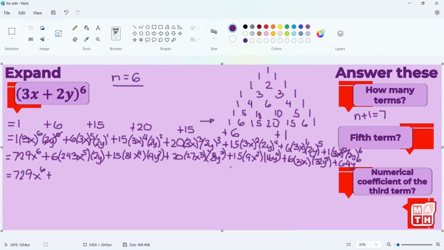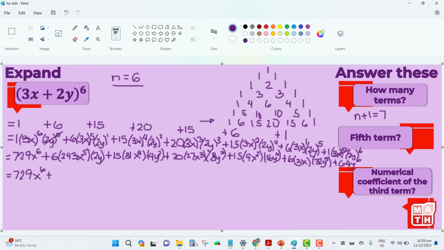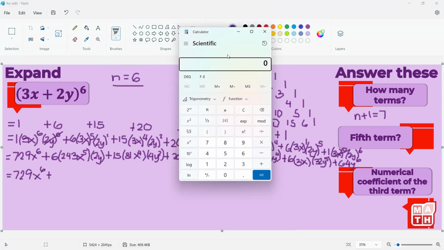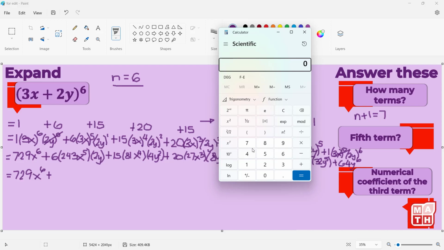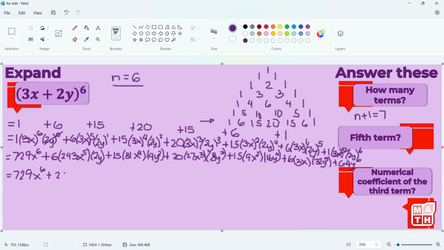So just for the purpose of this, let us use a calculator here. Just for faster multiplication, 6 times 243 times 2 equals 2916 x to the power of 5, and you have y.